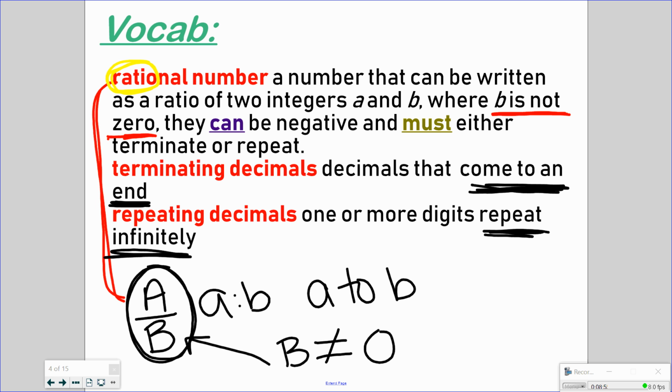So that means we might see something like 0.33333 or 0.121212 or 0.3334, something like that. Okay, let's go ahead and move forward. Remember, you can always pause this video if you just need a second to catch up.